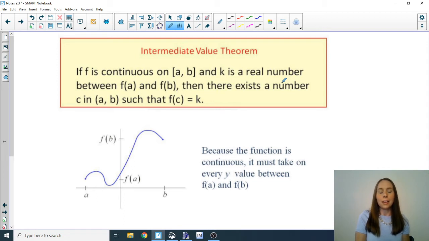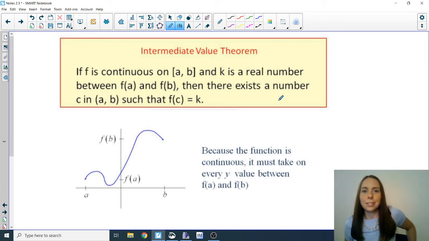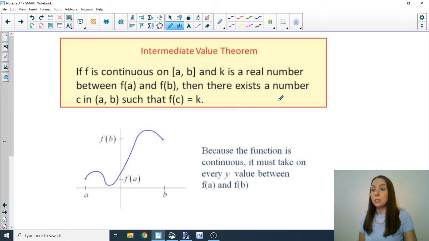I looked this theorem up in the AP course description, and I noticed that the only difference is they changed the K's to D's, which makes it a little less distracting for all of us, and it makes sense, A, B, C, D. However, I left the K just to have a little chuckle at it. Do you see what I'm talking about here? Because eventually you're going to see it and you're going to be like, what? Okay, that's all I'm going to say.